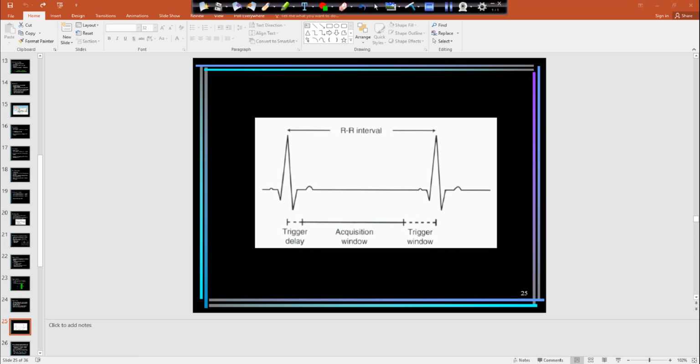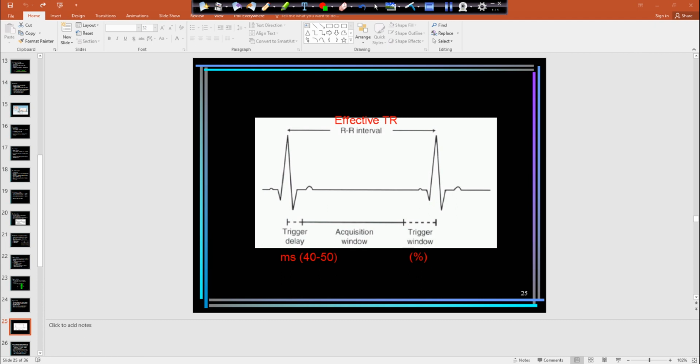So let's just label these. This R to R is our effective TR. Trigger delay is usually expressed in just milliseconds, and typically it's around 40 to 50. And then our trigger window is a percentage, so whatever our effective TR is times that percentage will be your trigger window.